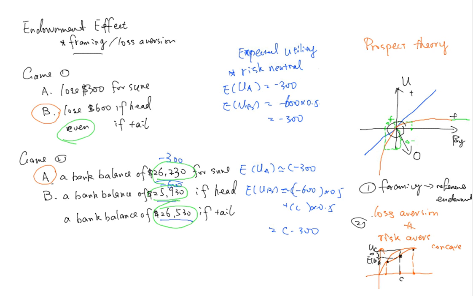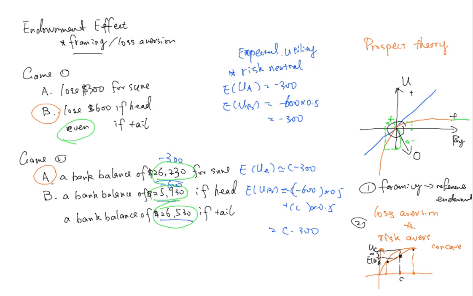And if we use risk aversion to explain the story, it does not go through either, because if you are risk averse, then you should choose A in both games rather than switching from B to A, because the first choice gives you much more certainty than the second choice, for sure.